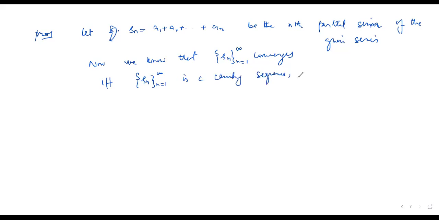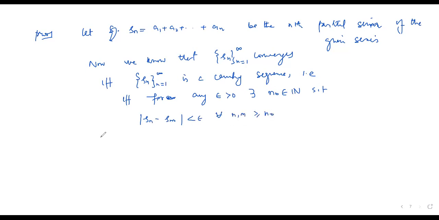Cauchy sequence का मतलब, that is if and only if for any epsilon positive there exists an n naught belonging to the set of natural numbers such that mod of Sn minus Sm is less than epsilon for all n, m greater than or equal to n naught.